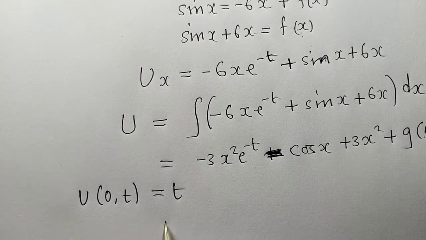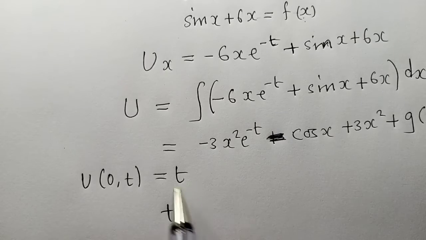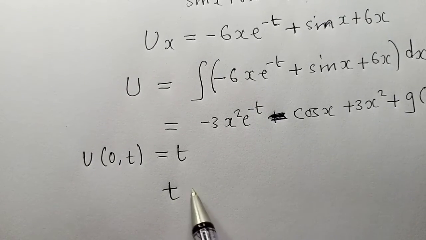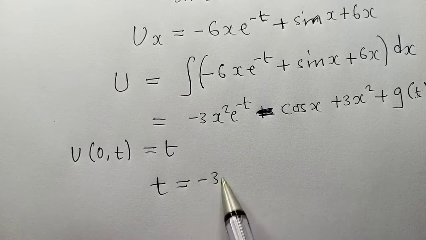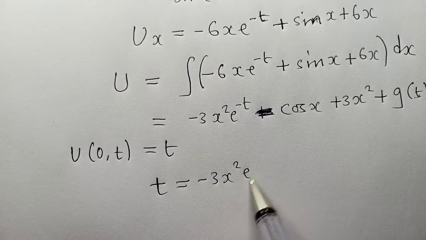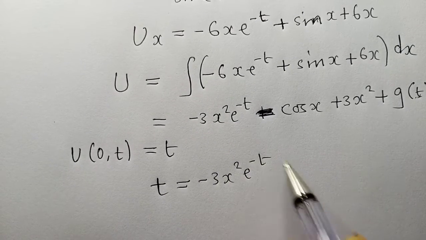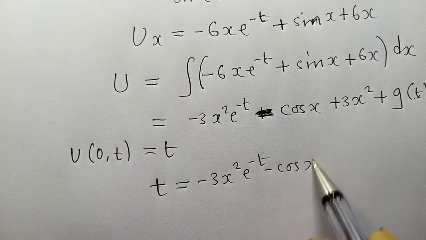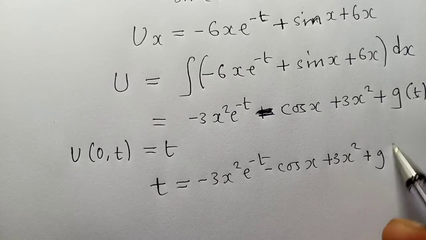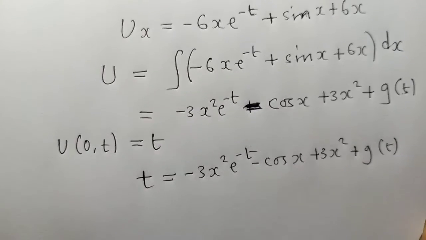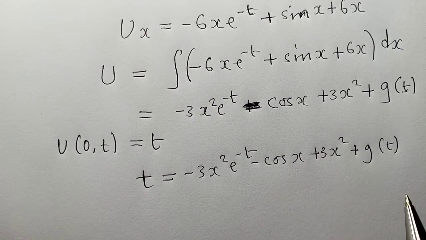We're going to say t, this t is equal to everything. So t will be equal to negative 3x power 2 e there. You can see we just copy everything.